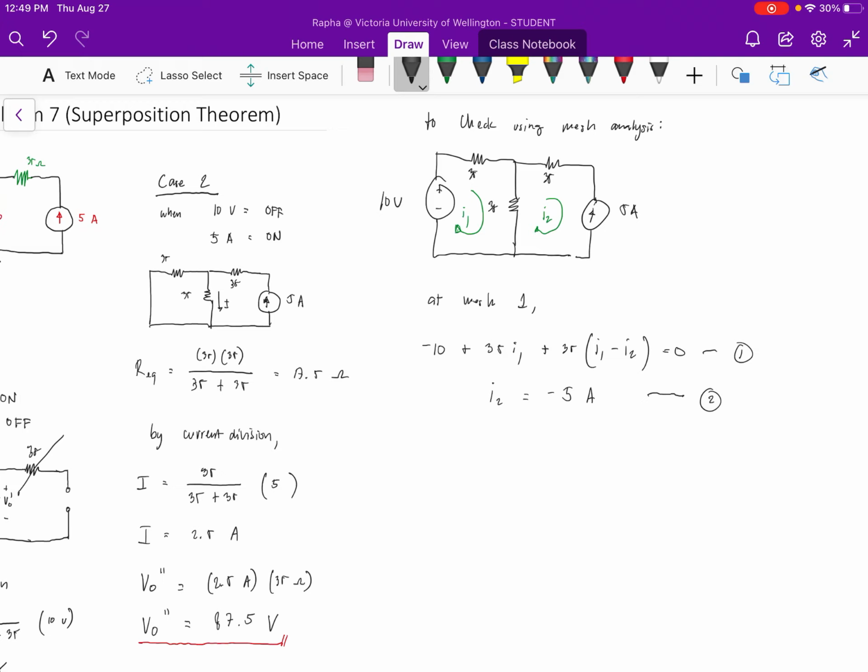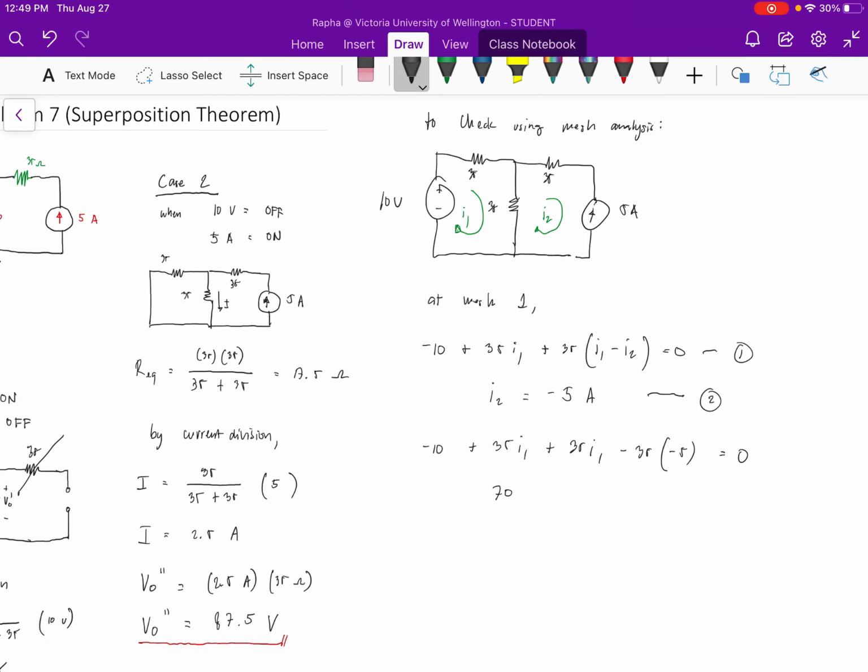So we will just substitute that into the equation from mesh 1. We have negative 10 plus 35I1 plus 35I1 minus 35 times I2, which is equal to negative 5, is equal to 0.